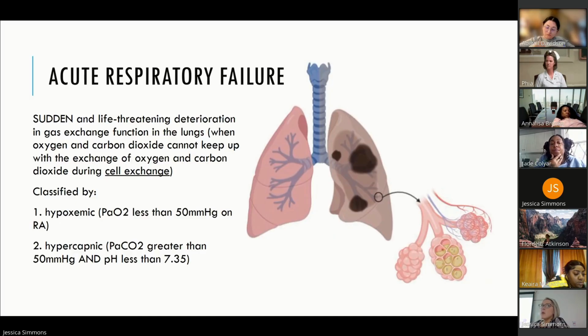Your lungs cannot keep up with the oxygen demand of your cells.